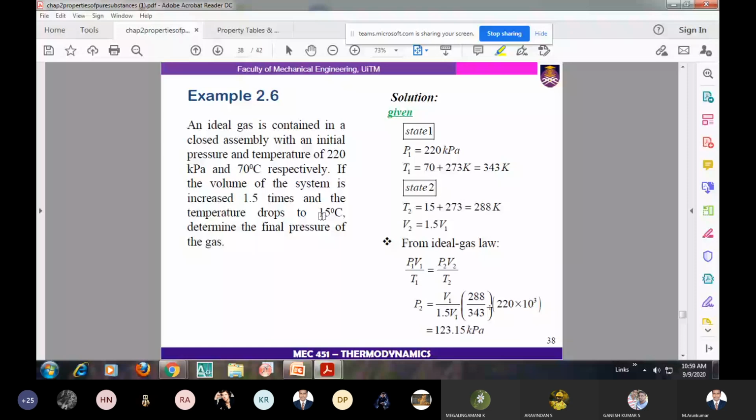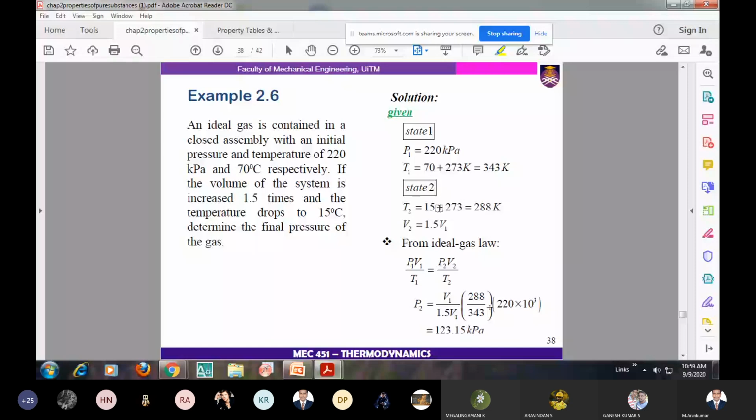So just take state 1 and state 2. At state 1, they gave pressure P1, they gave temperature T1. There is a convention with the Kelvin. So P1 is 220 kilopascal and T1 will be 343 Kelvin. Also in state 2 we have 15 degrees, so T2 will be 15 degrees Celsius.